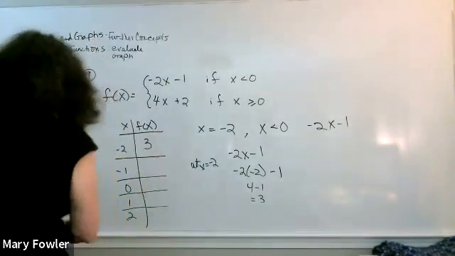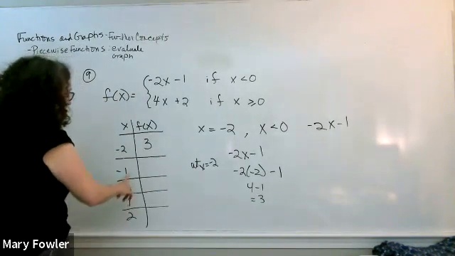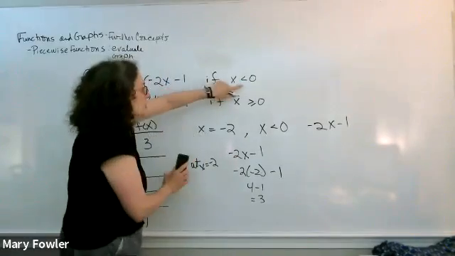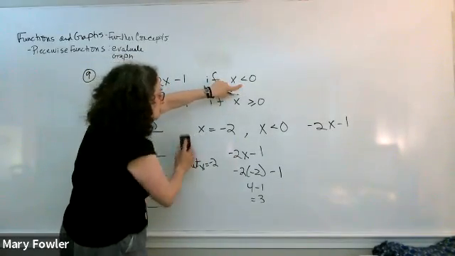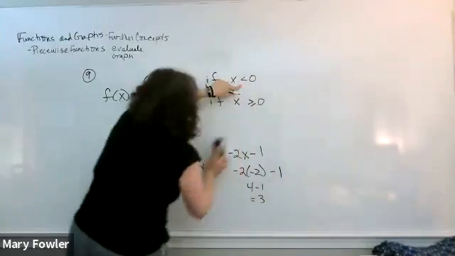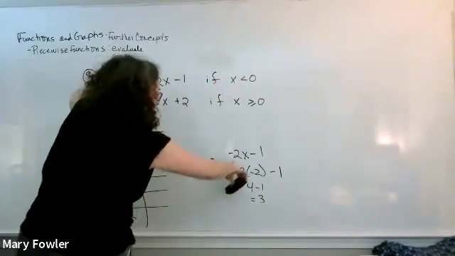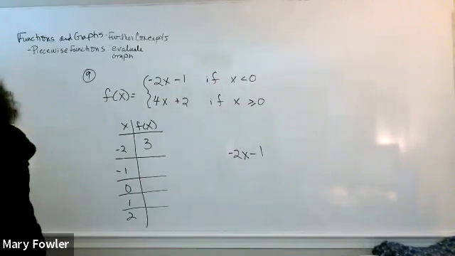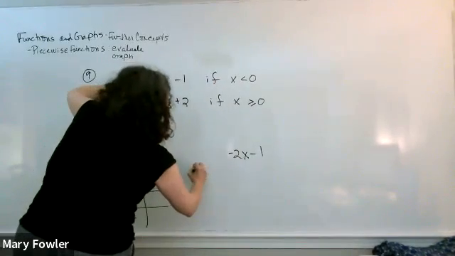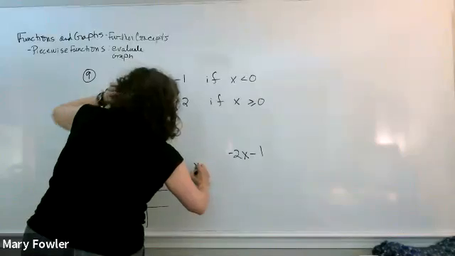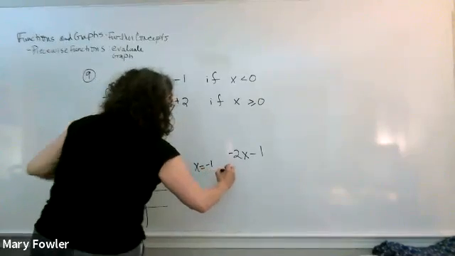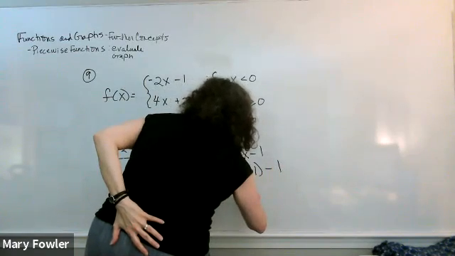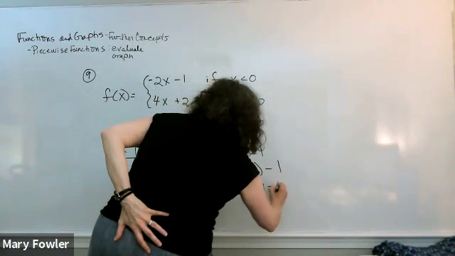So let's go ahead, and we're asked now to evaluate f of x when x equals minus 1. And x equals minus 1 is also less than 0, right? So we're going to use the first row: negative 2x minus 1 when x is equal to minus 1. We evaluate and I get 1.